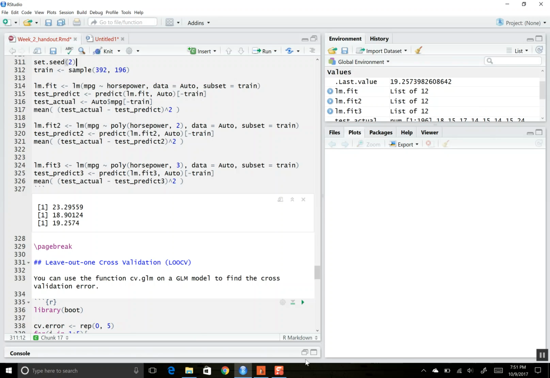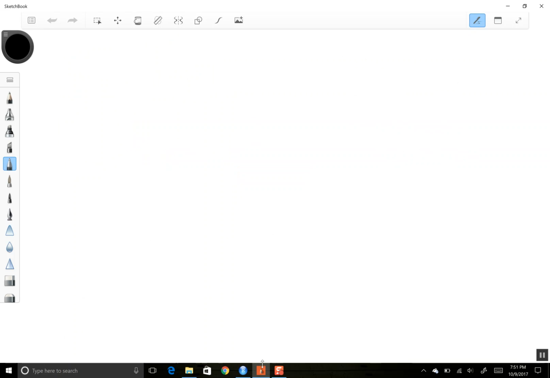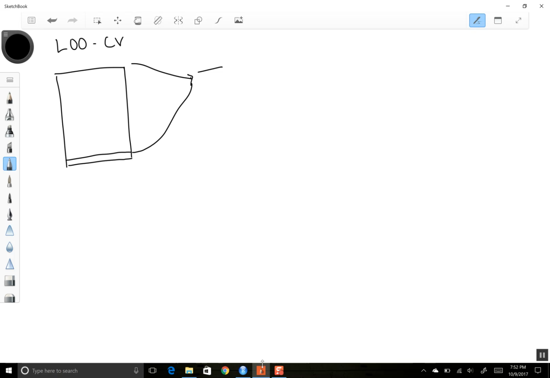Okay, so I'll draw the picture. You do train and validation, and you feed this into your model, and then you get an error. This is the validation set. Leave one out cross-validation is, basically everything goes into your train.